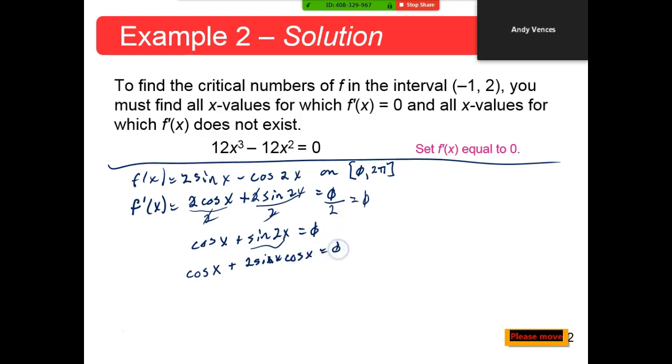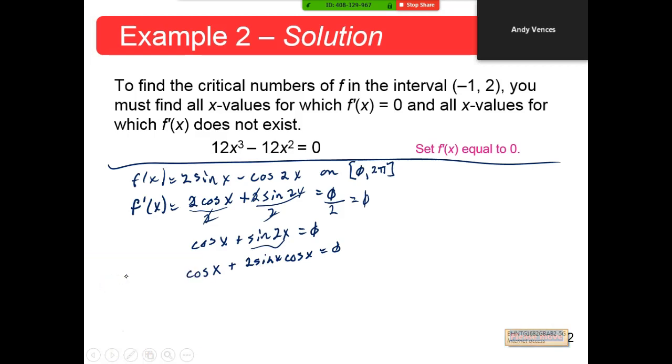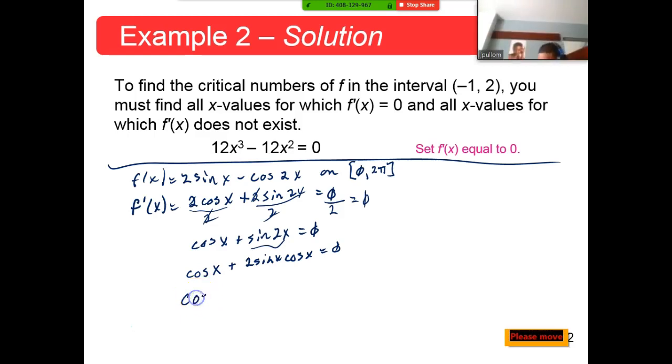That equals 0. Now, if you can read my sign, it's pretty ugly. Okay, that's a little better. What can you do with that? Get rid of the cosines. Oh boy, he likes to get rid of things, doesn't he? What do you mean by that? Factor out the cosine.